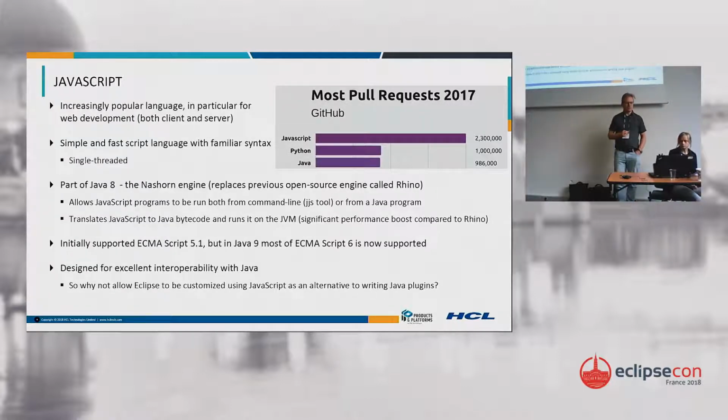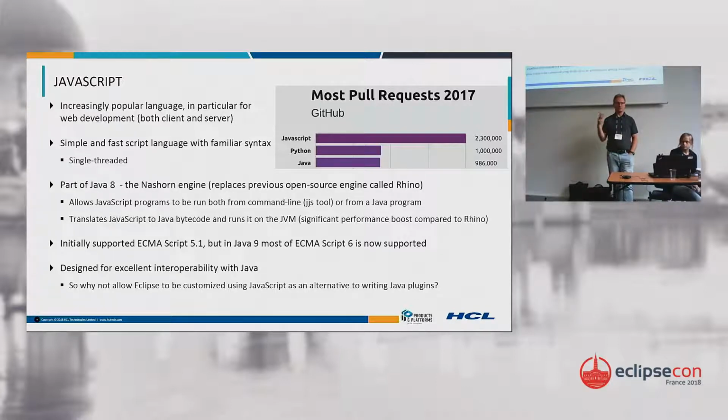So a couple of years ago, we started to look at JavaScript, which, as I'm sure you all know, is a very increasingly popular language, in particular since it's used a lot in web development, traditionally on the client side, but now with Node.js also on the server side. And we found this statistics from some website where they looked at most pull requests in 2017 from GitHub, where actually JavaScript projects are the vast majority of projects.